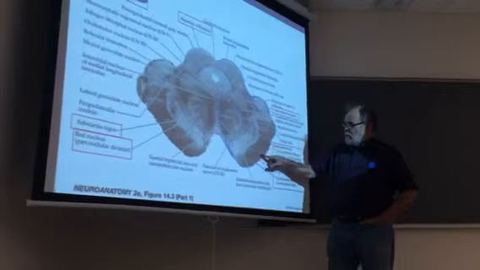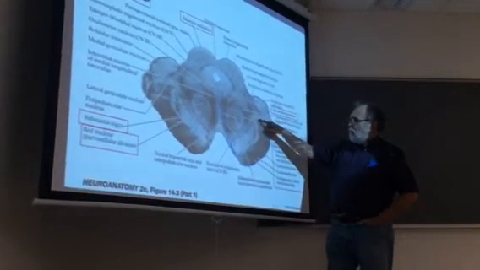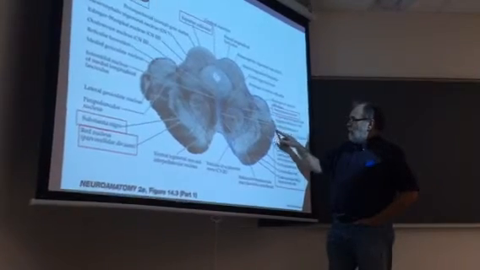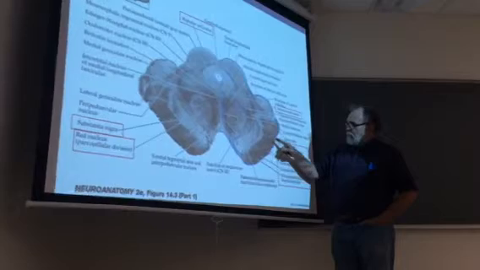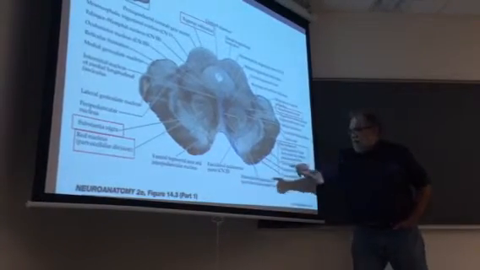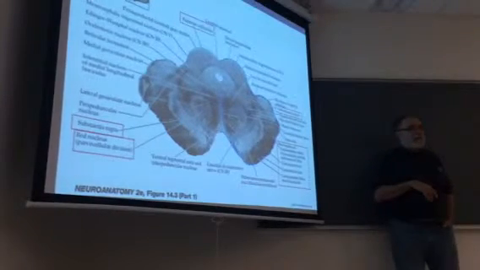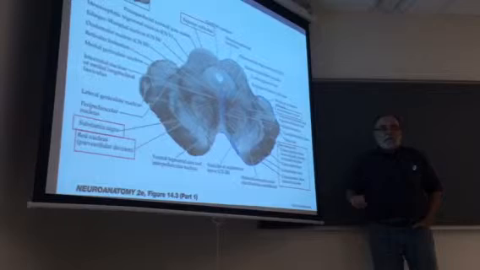1, 2, 3, 4, 5. Number 1, cortical pontine fibers. These are fiber tracts from the frontal lobe.